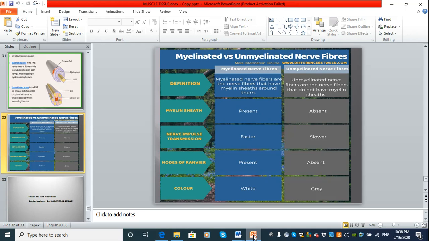For the impulses or signals, if the fiber is covered by a myelin sheath it is faster than the non-myelinated or unmyelinated, which will be slower. The nodes of Ranvier are present in myelinated fibers and absent in unmyelinated ones, while the color is white for myelinated and gray for unmyelinated.